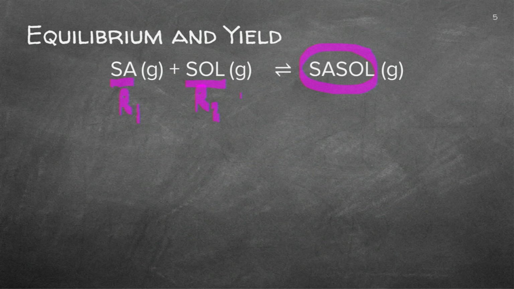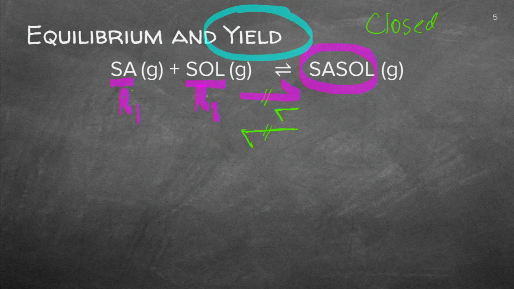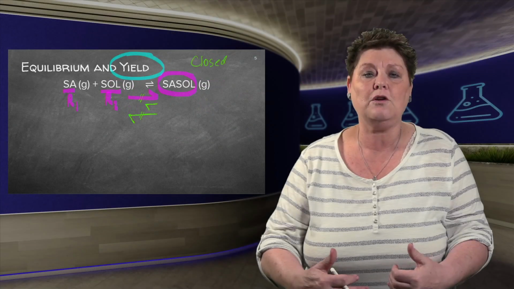It will go forward in the first time span, but then at some stage, because it's in a closed container, the Sasol will start forming SA and SOL, and as soon as the reverse reaction is exactly the same as the forward reaction, I will have equilibrium. That's not good news for the yielding of Sasol, for the production of Sasol.